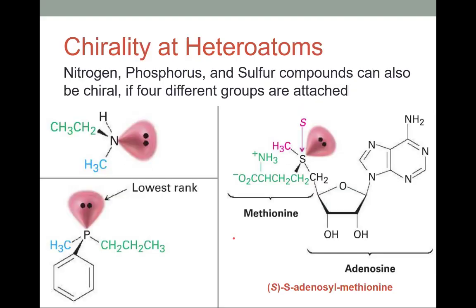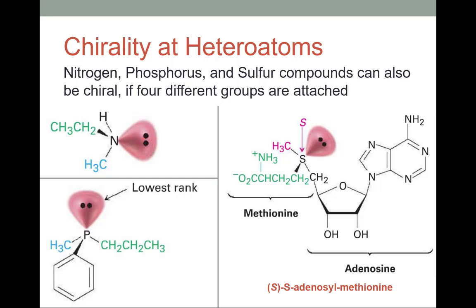Lastly, just as a real quick wrap up, I did mention a couple times that hydrogen isn't always our lowest rank. Of course, if a stereocenter doesn't have a hydrogen, that's fine. You would just rank whatever's attached, the 4 groups. But if we didn't have 4 groups in the first place, and that can happen with heteroatoms. So here's a nitrogen, here's a phosphorus, here's a sulfur.